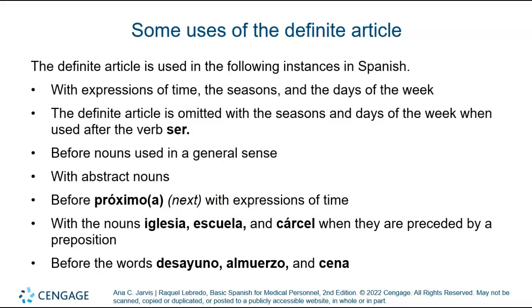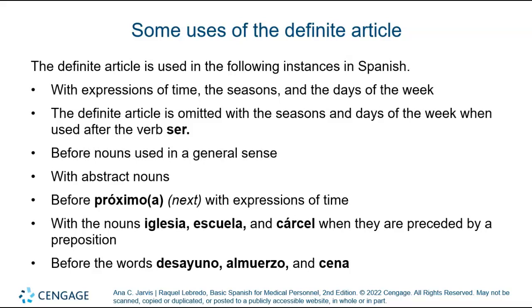El próximo día. With nouns like iglesia, escuela, and cárcel when they are preceded by a preposition. A preposition would be like a, to, that's the most common one. Voy a la iglesia. Voy a la escuela. Voy a la cárcel, it's feminine.